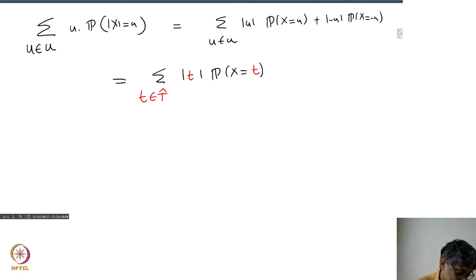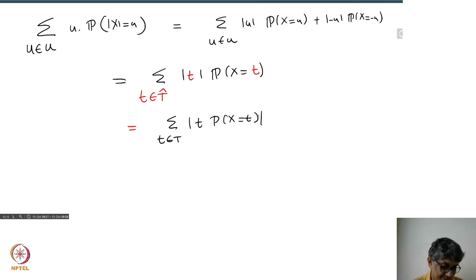That's just the same as the sum over t in T of mod t, the absolute value of t, times probability x equal to t. That's the same thing.